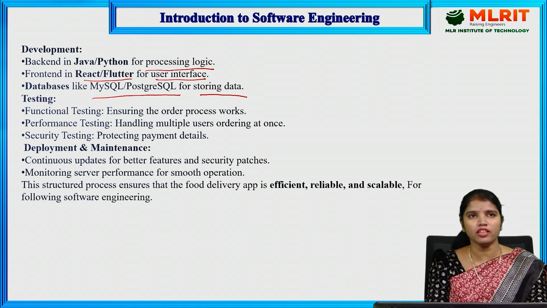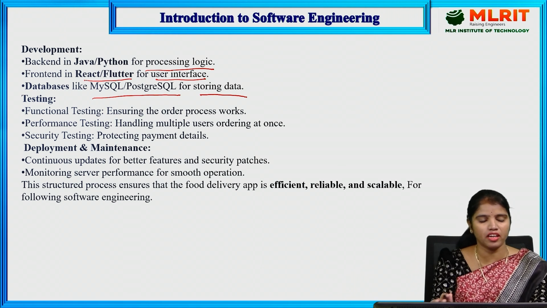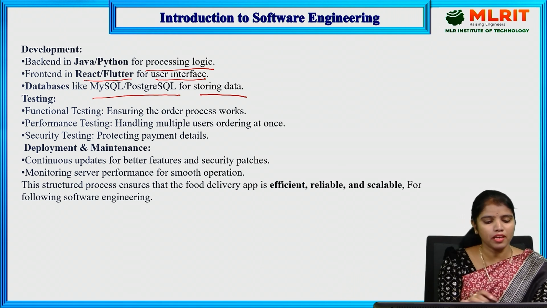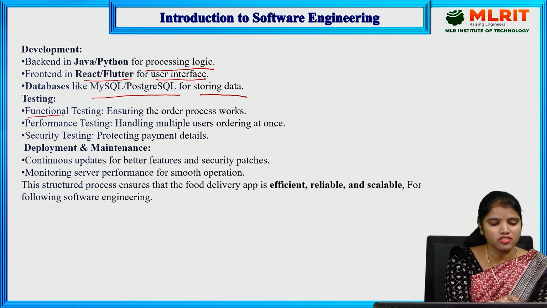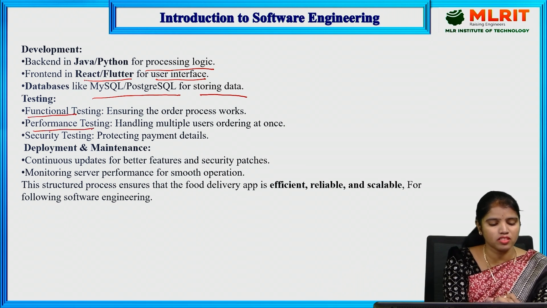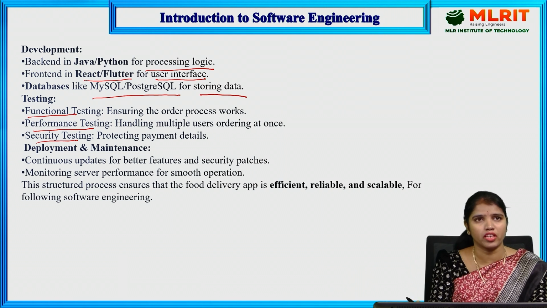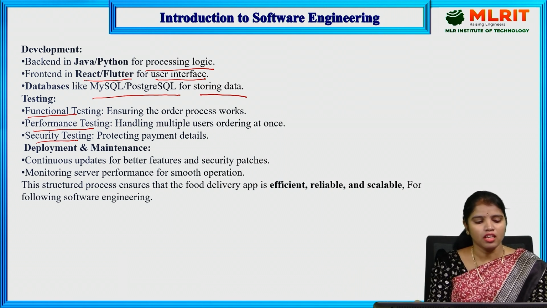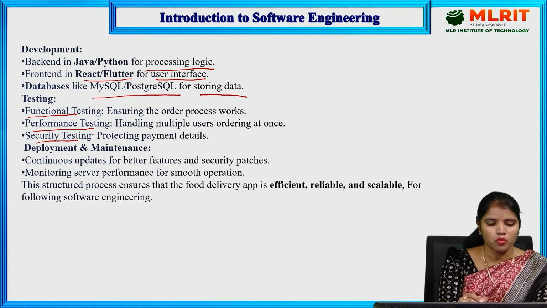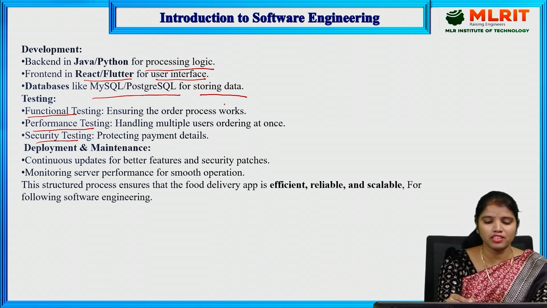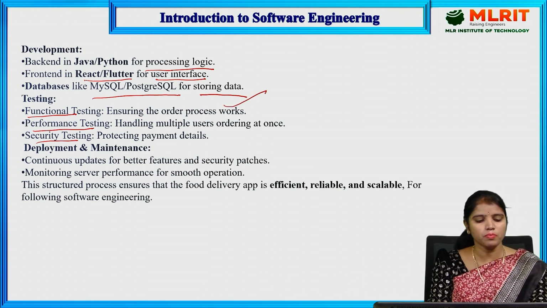Now coming to the next criteria, testing. For this example, I am taking functional testing, performance testing and security testing. In testing also we have 3 types: functional testing, performance testing and security testing. What is functional testing? It ensures the order process works. What is performance testing?